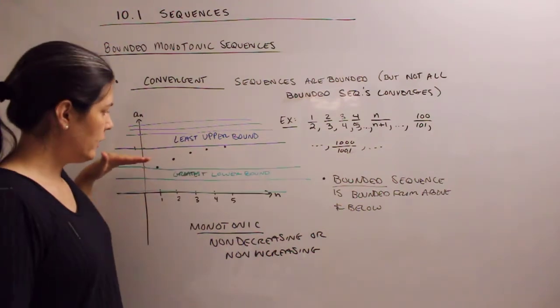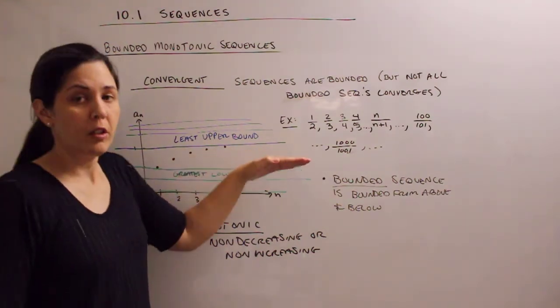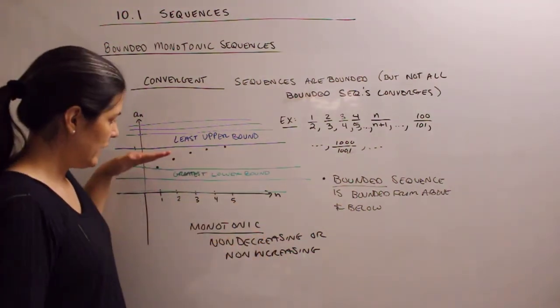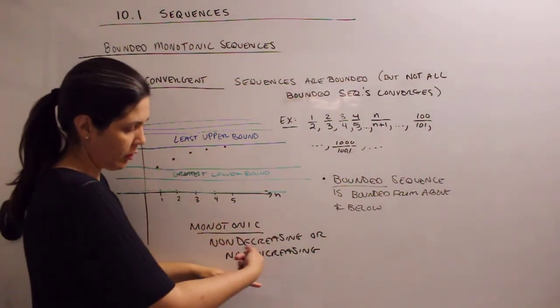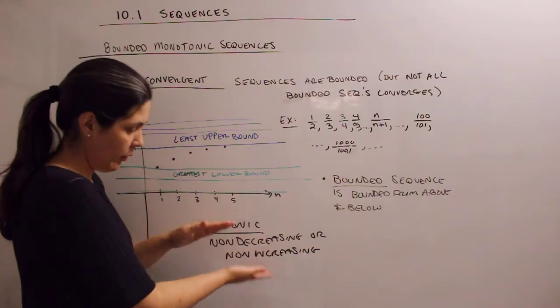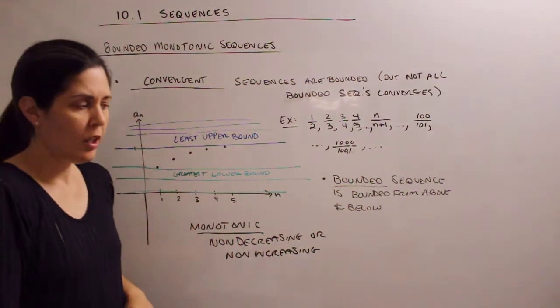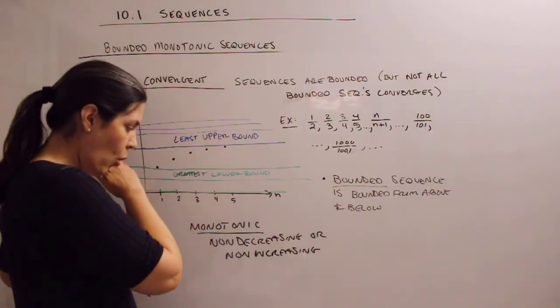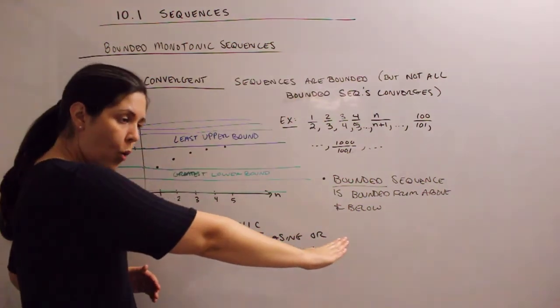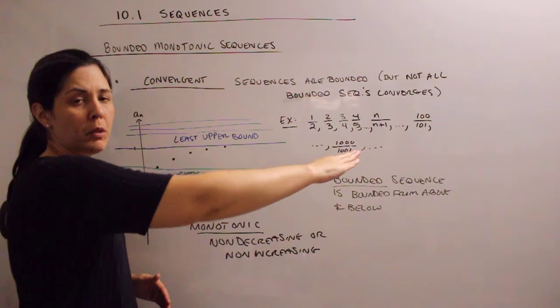So a constant sequence would also be considered monotonic because it would just stay the same. It wouldn't decrease, but it also wouldn't increase. So it would actually satisfy both of those.